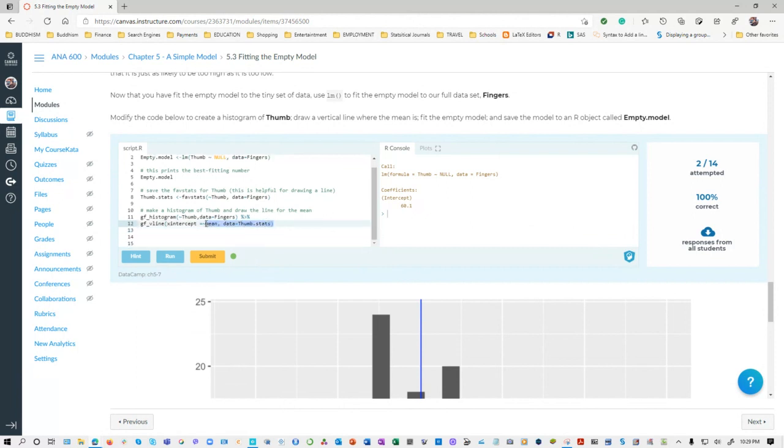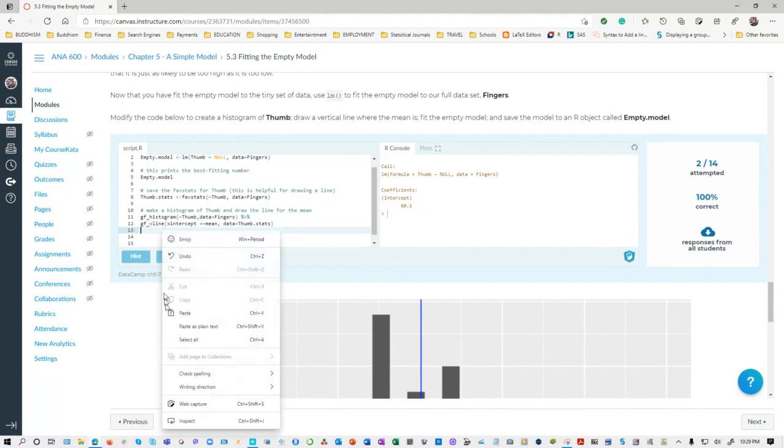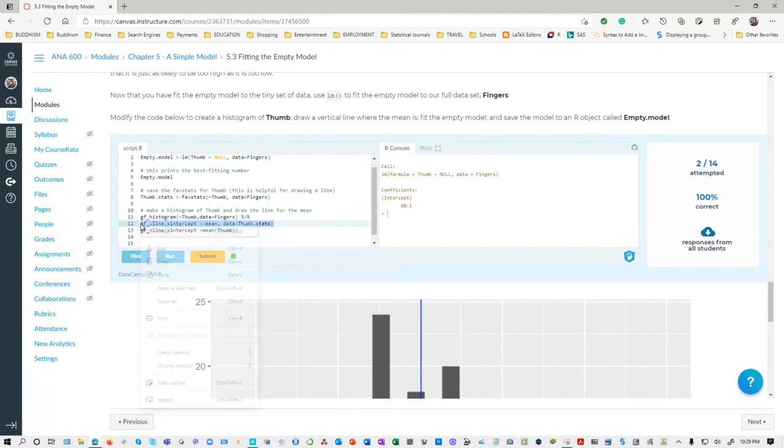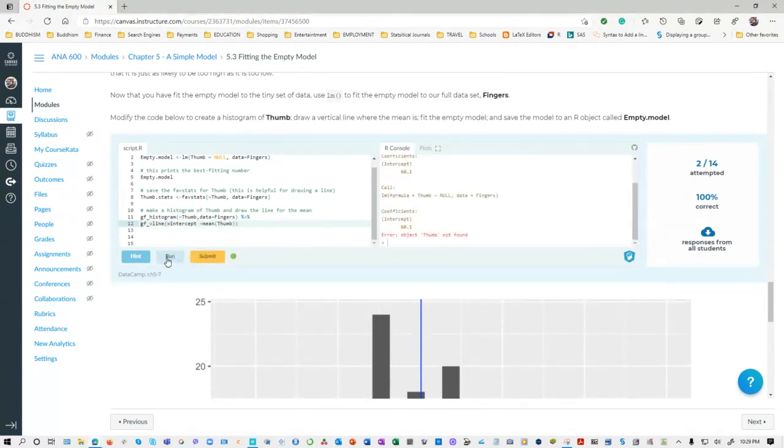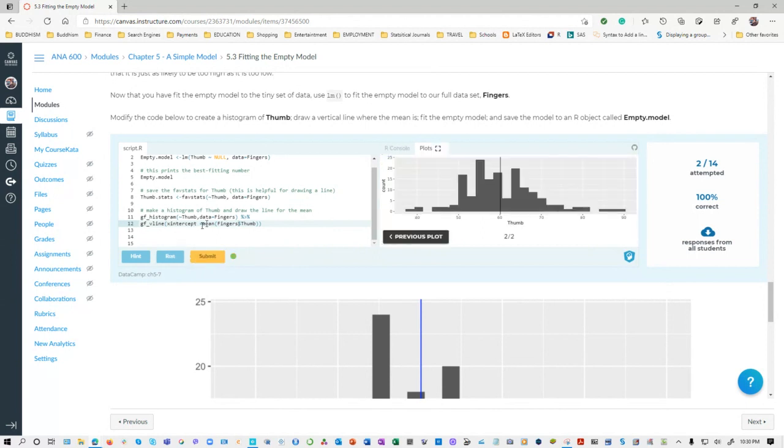Then instead of that one, can we get that histogram with the vertical line by doing it like this? Not found. Okay, sorry. We have to say fingers. Go to fingers. Even though you call the fingers, it won't take it, because at this line you have to give the data set. Data means this data.